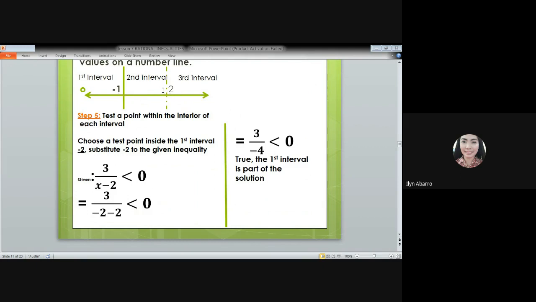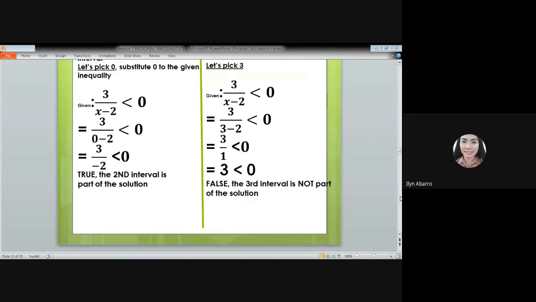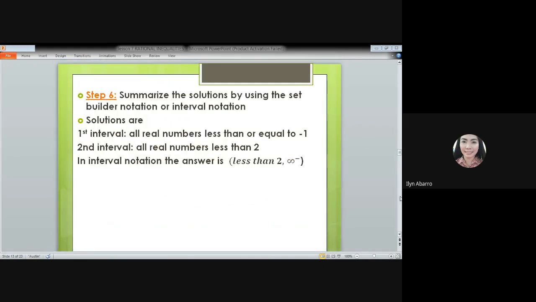Less than 2, because 2 is not included, up to -infinity. Okay? So, did you get it? Our answer in interval notation is less than 2 to -infinity.